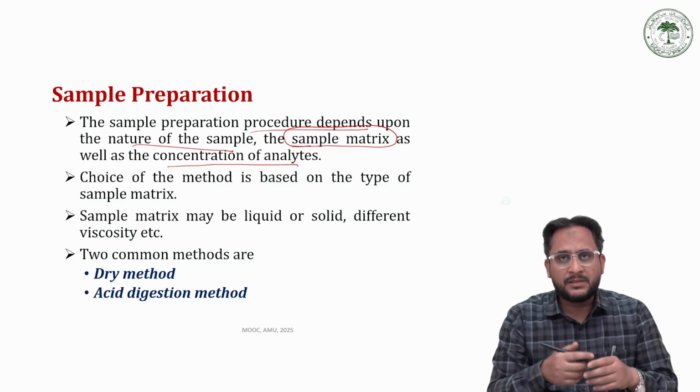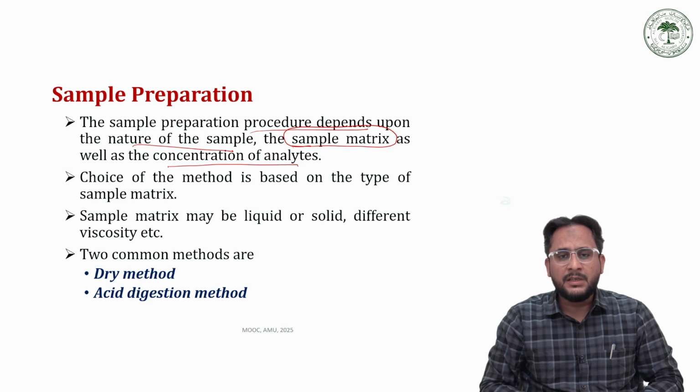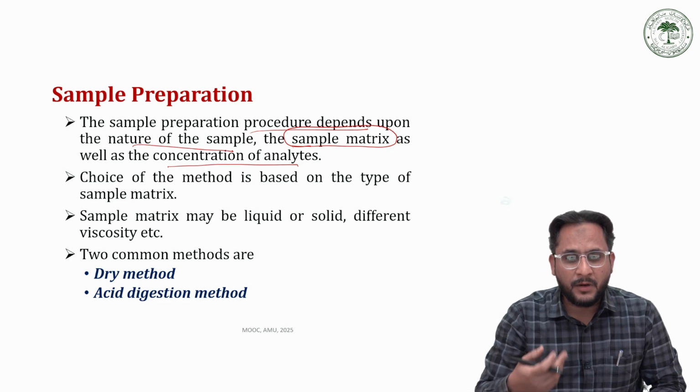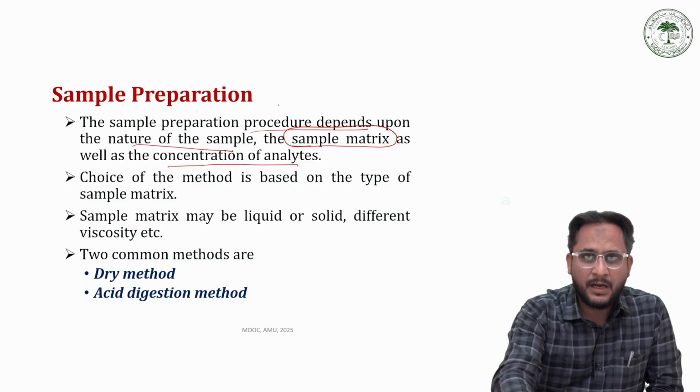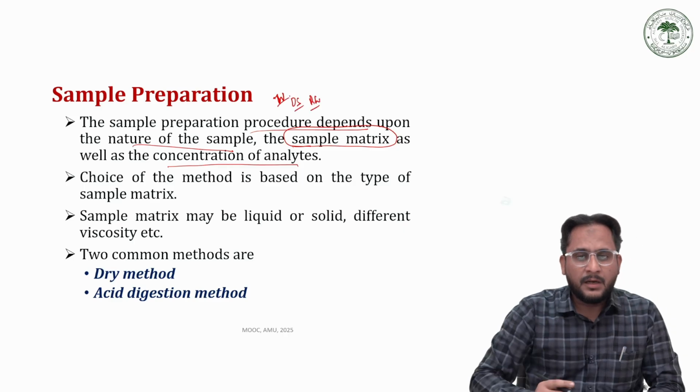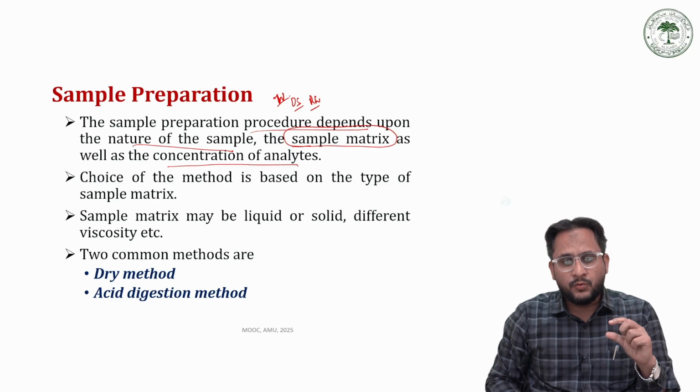Similarly, in case of metals which do not atomize or excite easily, for example high melting point metals like tungsten W, osmium, rhenium, these are refractory metals which do not undergo atomization easily.